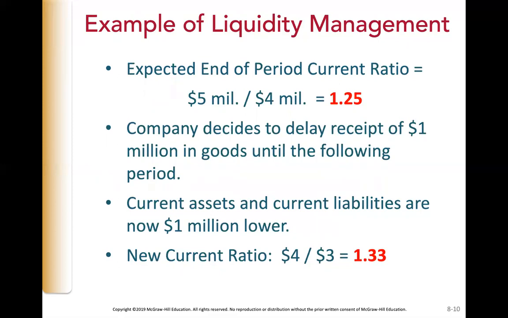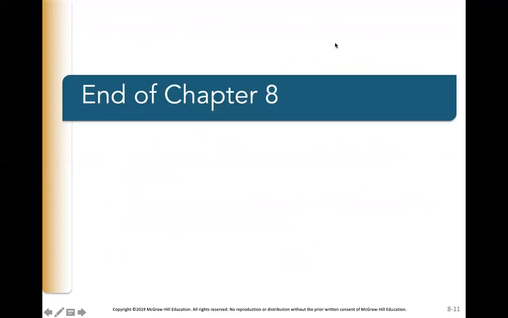So if their debt covenant said that they had to have a 1.3, if they had a 1.25, they would not have been within their debt covenant, and they would have had to repay their debt. But by delaying the delivery of inventory from December to January, their ratio went up to 1.33, and they're now within their debt covenant. And that is the end of chapter 8.